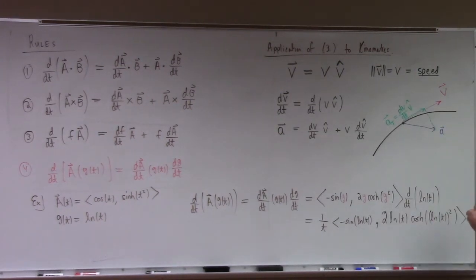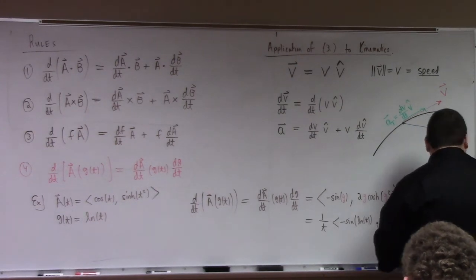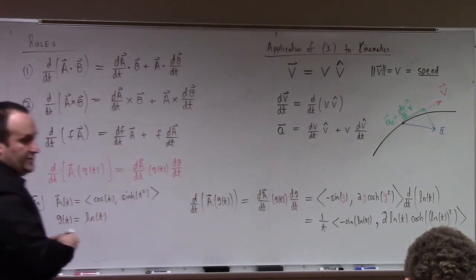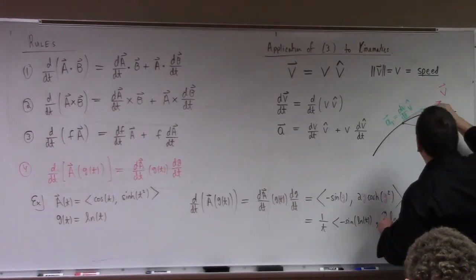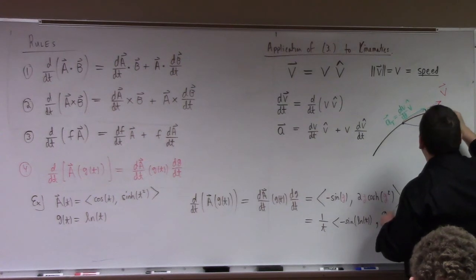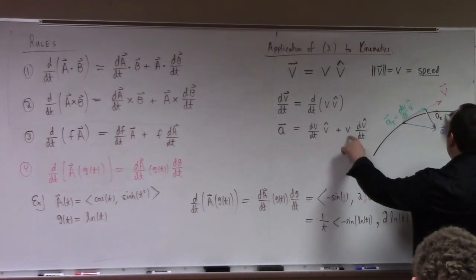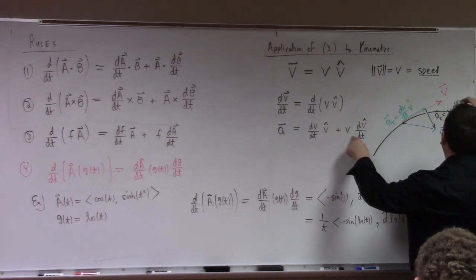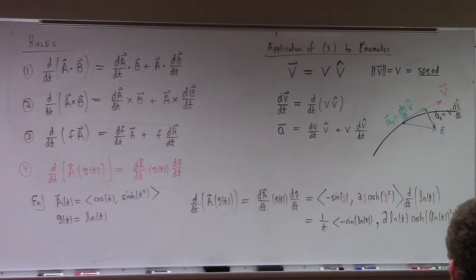And then the other piece over here, which I'll make in brown. That's the usual, we call that the centripetal part of the acceleration, the center-seeking part of the acceleration. And we have a formula for it here. It's actually equal to the speed times dv hat/dt in our current analysis.